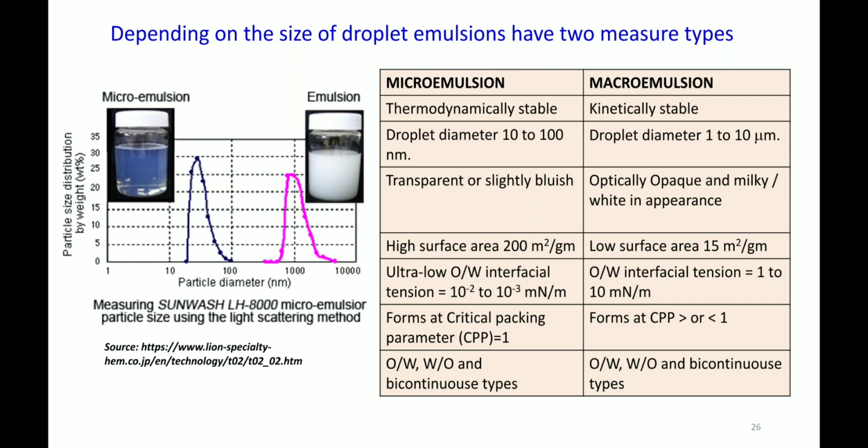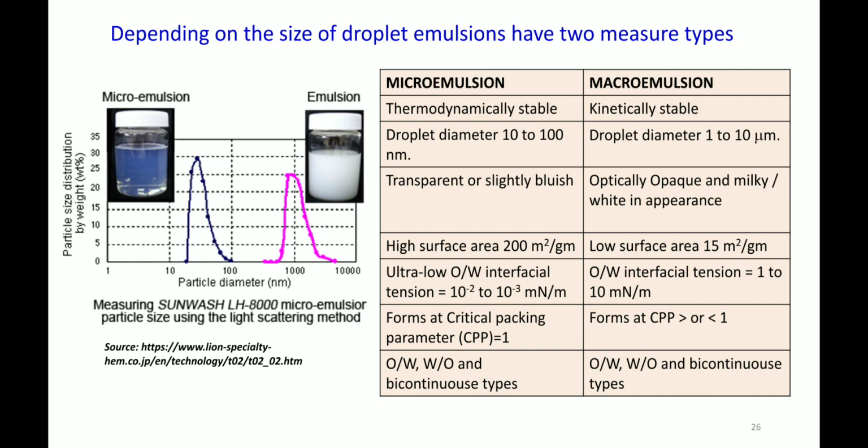In case of micro emulsion, the oil to water interfacial tension, which is basically a force, is just 10 to the minus 2 to 10 to the minus 3 millinewton per meter. This is the reason why we use surfactant, because it significantly reduces the interfacial tension between the oil and water, and because of that we are able to prepare the micro emulsion.